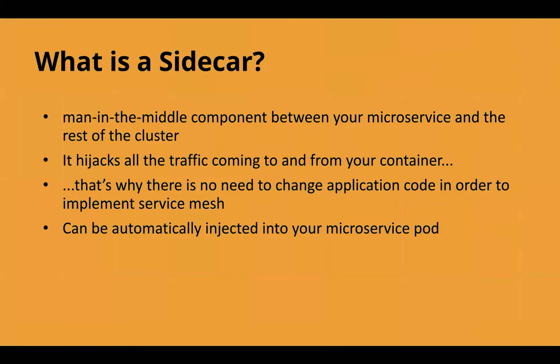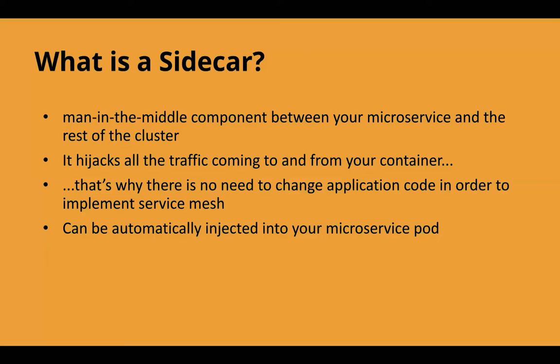So just to wrap up, what is this sidecar? Basically, it's a kind of man-in-the-middle component which sits between your microservice and the rest of the cluster. It sits in the same pod as your microservice, and it's being injected into every deployment, every pod in your cluster. It can be automatically injected into your microservice.